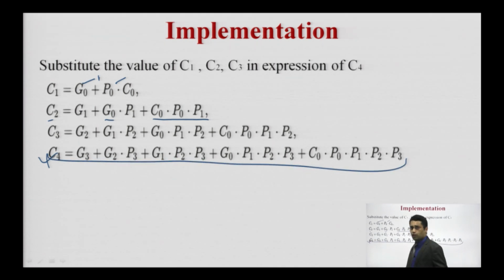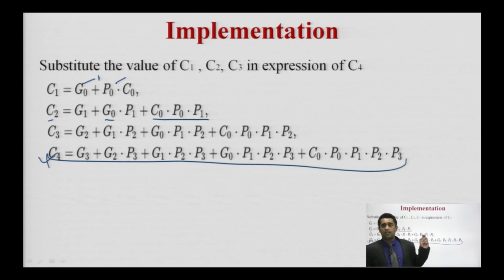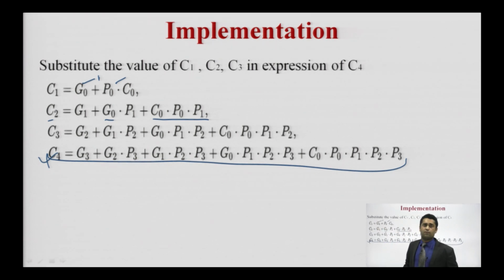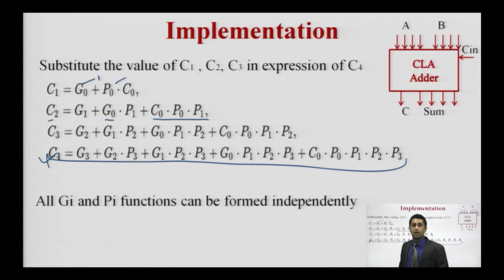The beauty of the algorithm is that all these propagate and generate functions, all these operations, are independent of each other. So when we compute the generate and propagate functions, these are independent. For finding the final carry, it is not required to wait for all three adders to compute first. The time of 10 nanoseconds, 10 nanoseconds, 10 nanoseconds is not required. The minimum time is required for these independent operations.